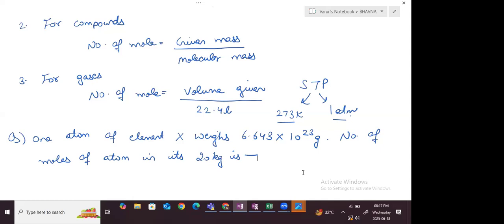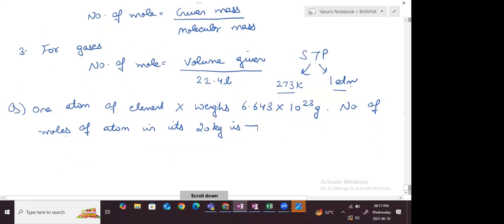See, the mass of one atom is this one. So the mass of Avogadro number of atoms, that means 1 mole, will be what?